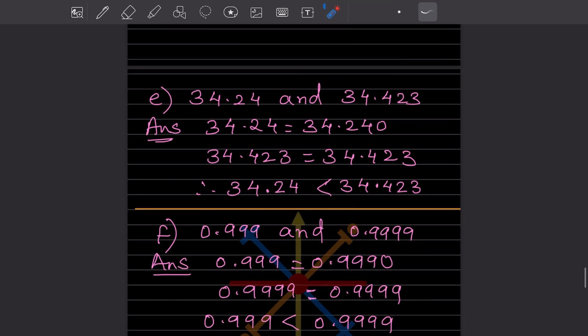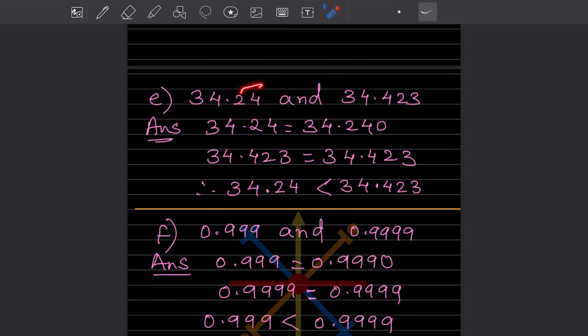Next one, 34.24 and 34.423. So 34.24, again, I just did it over here because after this there are 3 digits, and after this there are only 2, because these both are the same. So here is 2 and here is 4. We can do this in two ways.